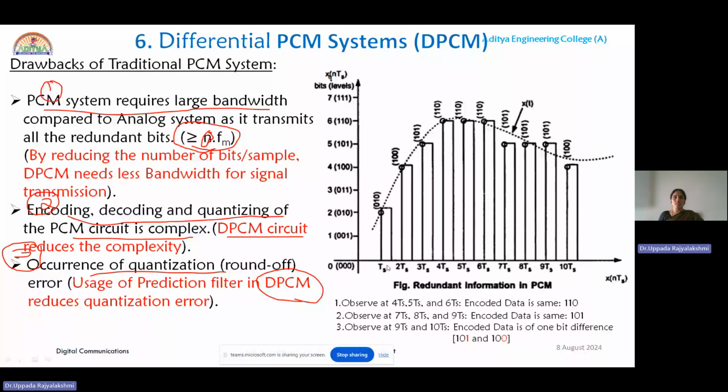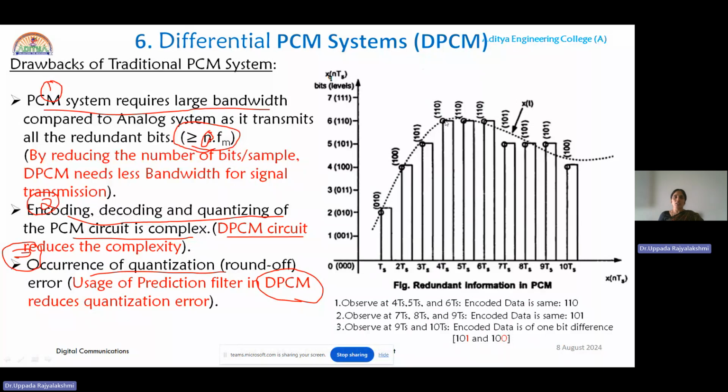At 2Ts you can find the amplitude as 4. Similarly at 3Ts you can observe 5 volts. Similarly at 4Ts, 5Ts and 6Ts there is a gradual change in the amplitude of the message signal, so it is almost all approximated to amplitude 6.